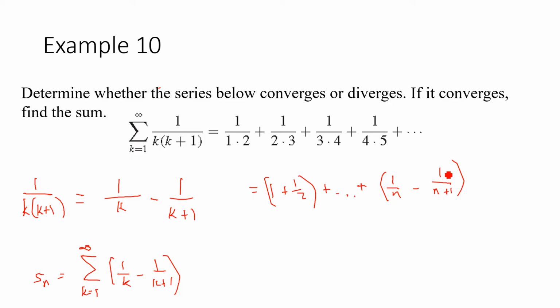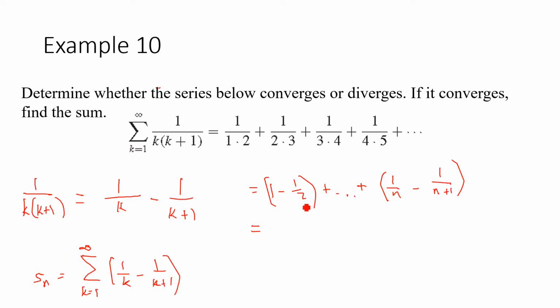Since it is a fraction, we can actually rewrite this one. We can take note that this is not plus, it must be minus: 1 minus 1/2. This is minus because in the formula you have 1 over k minus 1 over k plus 1. So this is 1 minus 1/2.